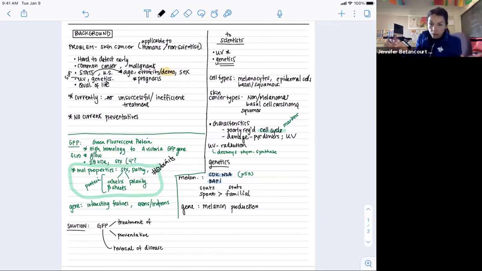Here's the problem. Here's why it's important. Here's how this problem is initiated in people in the first place. And then here is an intro into the molecule that we're using to provide a potential solution. And that's pretty much it. So I would say the background is going to be a page, page and a half.